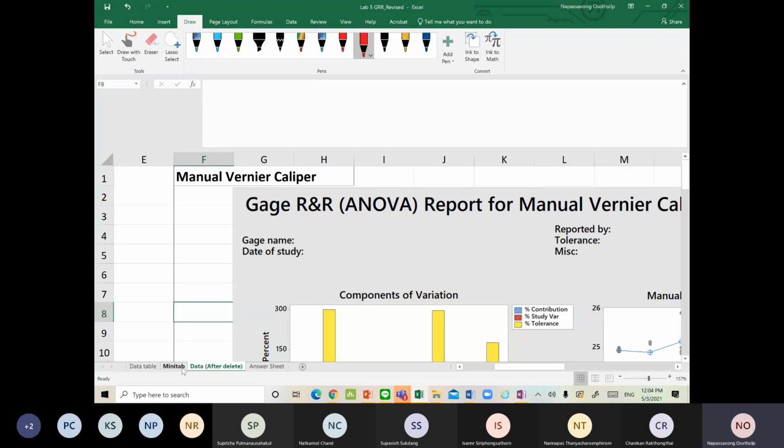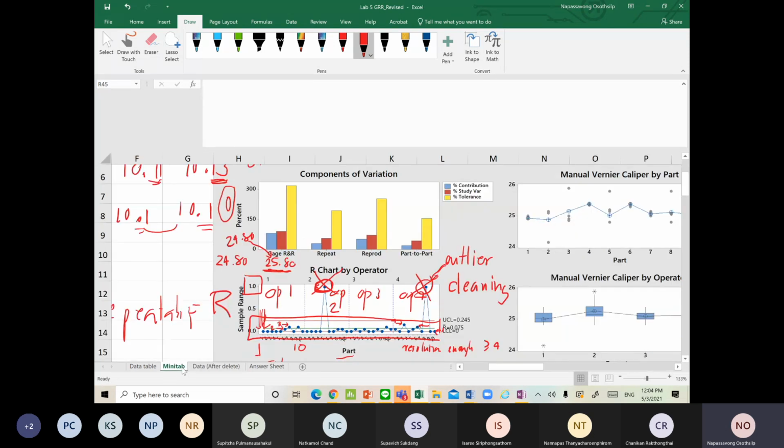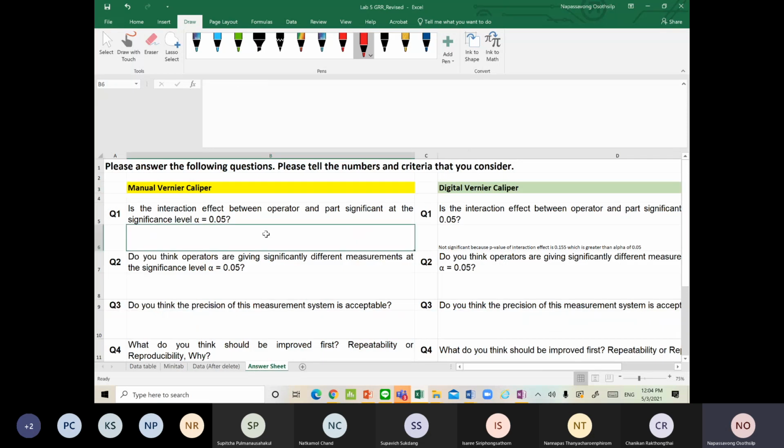For the digital vernier, the output is in the Minitab worksheets, and you can redo this by yourself for the manual vernier.